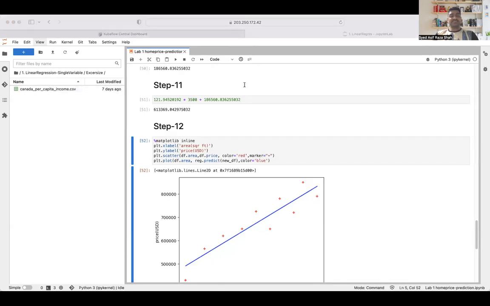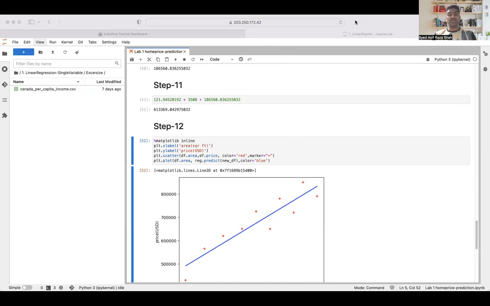Okay, in the next video, we are going to have a very good lab in which we have a more complex linear regression model example. Currently, we use a single variable, and in the next example we will use more variables.